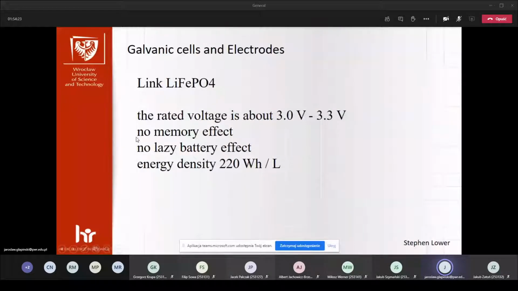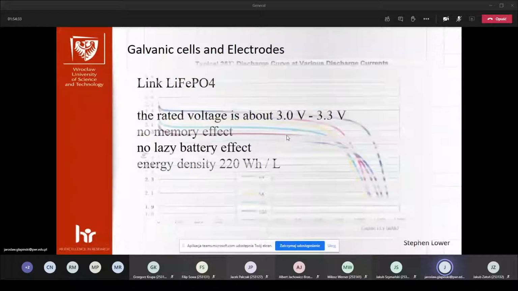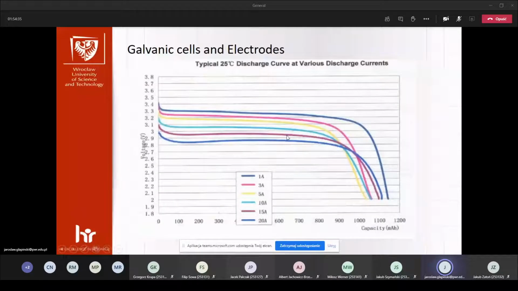They of course have no memory effect, no lazy battery effect, and a bit lower energy density than lithium-ion batteries, but they are better when we utilize them. So these are curves from the discharge process.